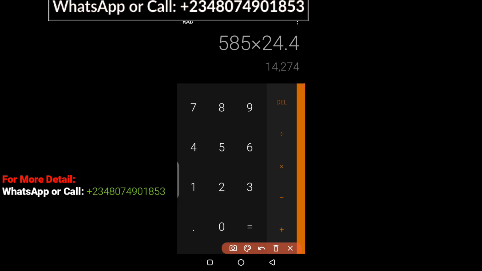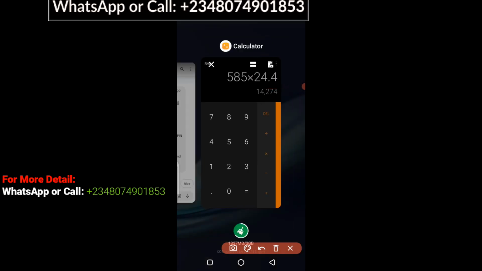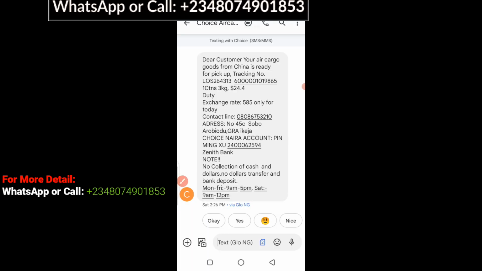The amount I'm going to pay them is 14,274 naira in my local currency. So this amount of money will be used to clear this 3 kg of the product. No plus, no minus.